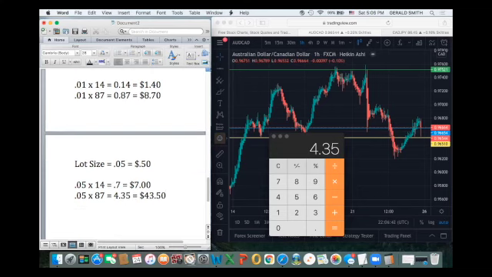Now let's do a little bit higher. One more, just to let you see your risk to reward. Let's go with 0.10, which you realize will equal $1.